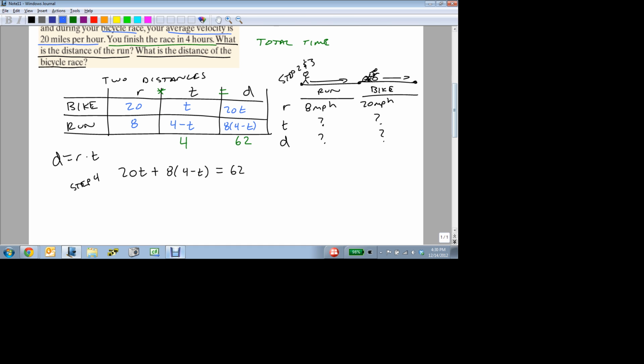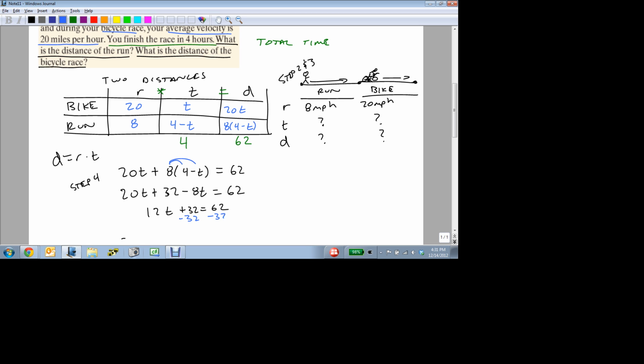Again, every time we've got a linear equation, we're just going to go ahead and distribute to get 20t plus 32 minus 8t equals 62. Combine like terms. 12t plus 32 equals 62.